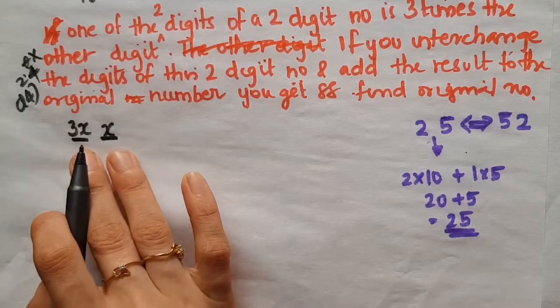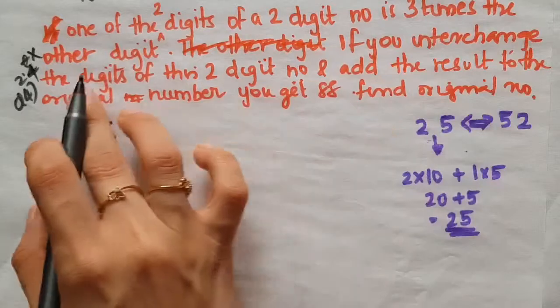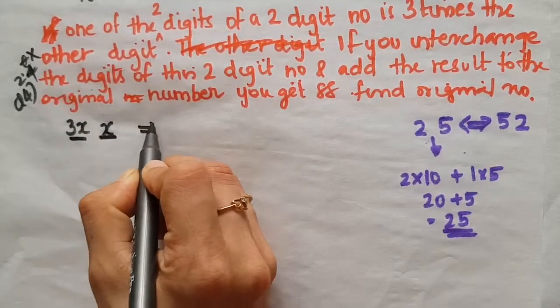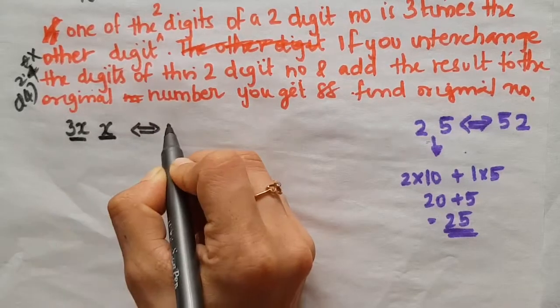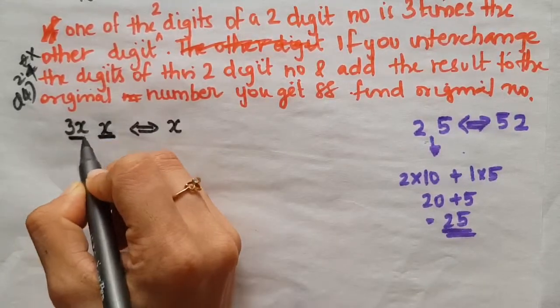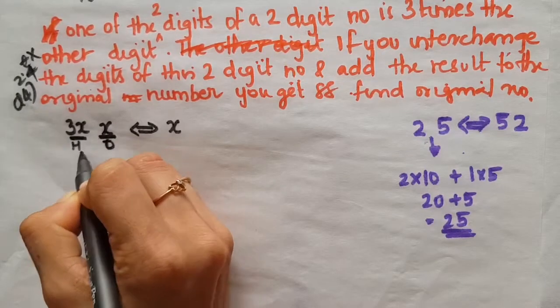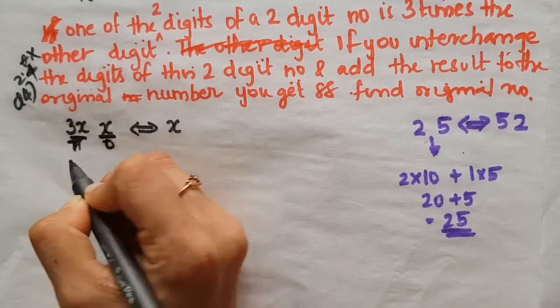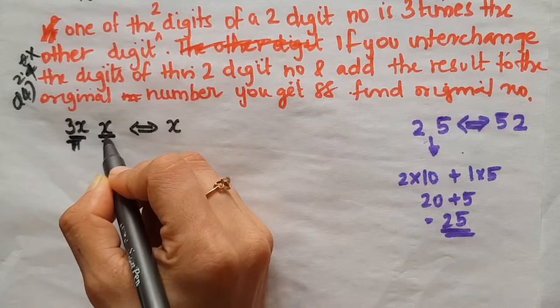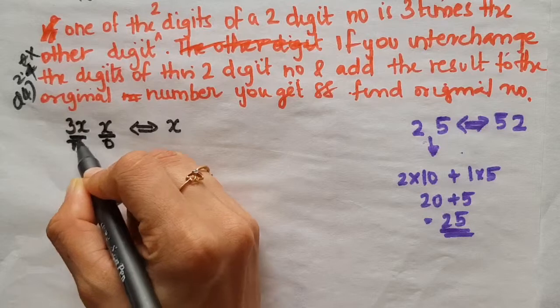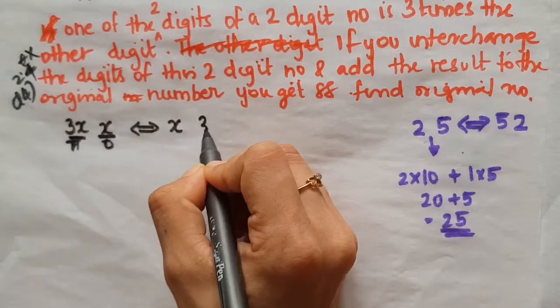This is our number. If you interchange the digits, x will come from its ones place to the tens place and 3x will go from the tens place to the ones place.